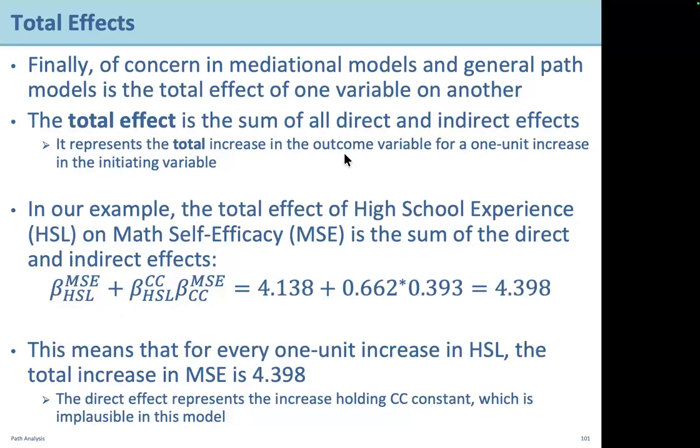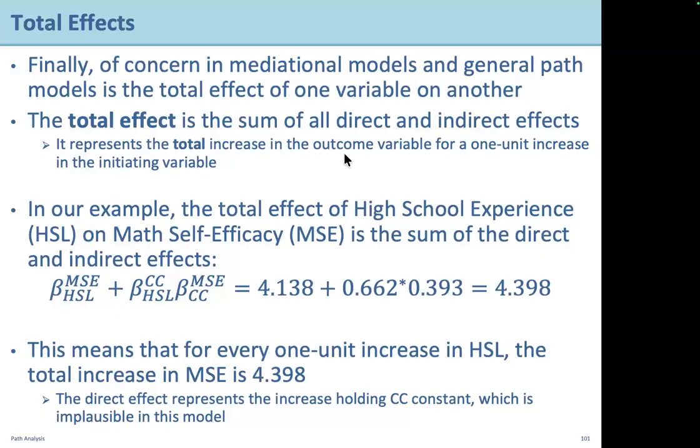Because we know the total effect is the sum of all direct and indirect effects. When you just come from linear regression, this is what a direct effect is. If you don't have a path model, your regression slope is the total effect in a single outcome linear model.